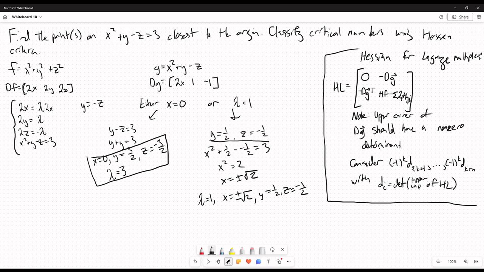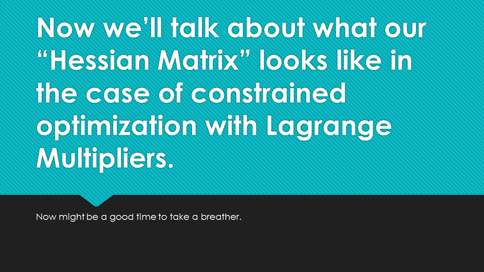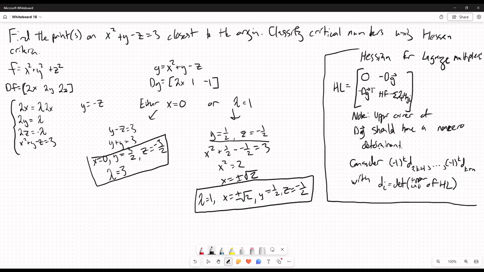Okay, so we found our critical points, and now we want to use some form of Hessian criteria. You're going to have a block of zeros in the upper left corner. This is going to be n minus k zeros. So what are n and k?